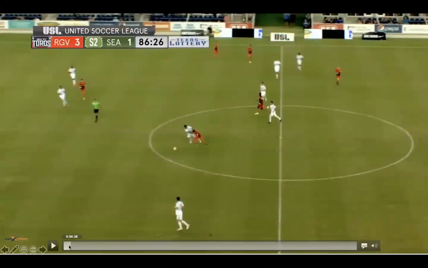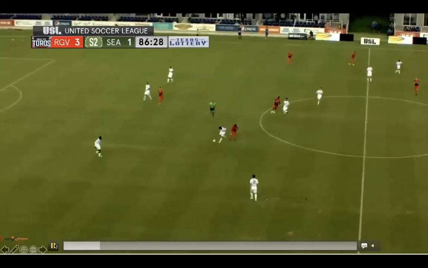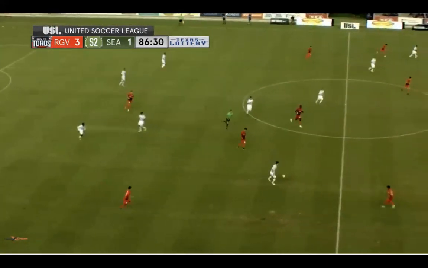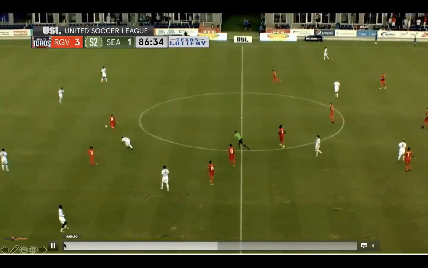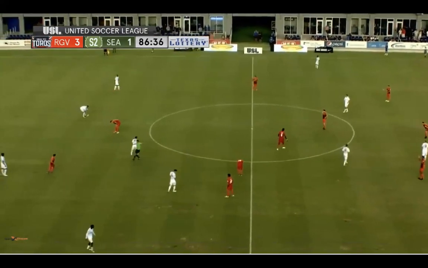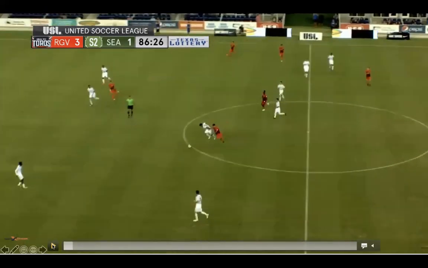Another example. So this is a scenario where the team in white has the ball. The orange player is committing the foul.